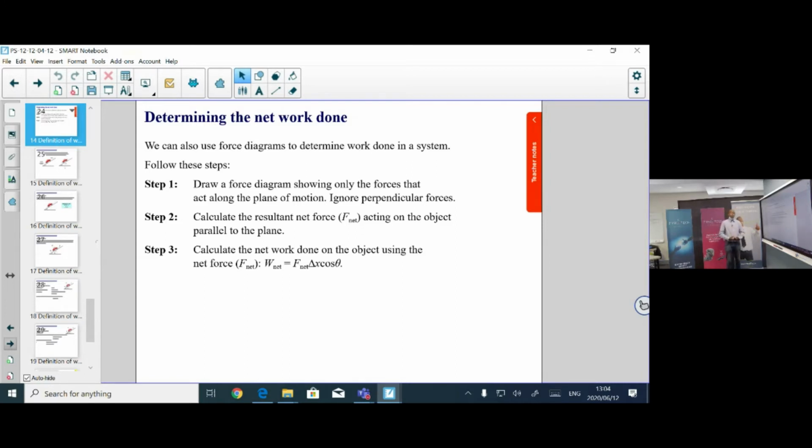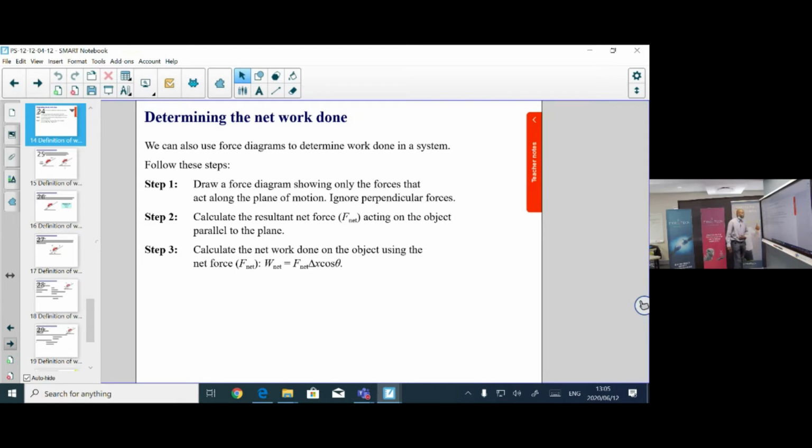You can use a box to show the object so that you can indicate all the forces acting on that particular object. Ignore perpendicular forces all the time. The perpendicular forces I am talking about are the normal force and the perpendicular work.